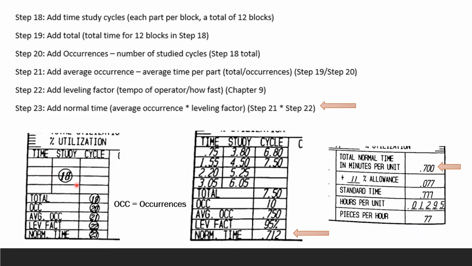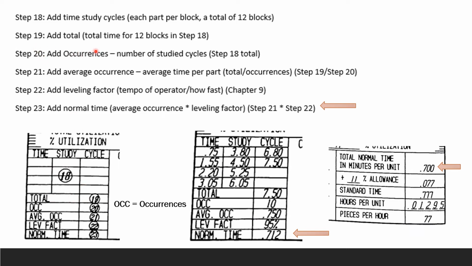There are a total of 12 blocks for you, because one operation cannot go over 12 work elements. So here you put each work element, and in this example it was loading, unloading, idle, and machine machining. We put all of those work elements right there, one by one. You measure the time first, then put it in one by one, and then you total it.